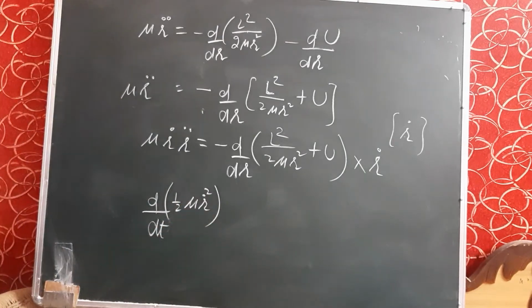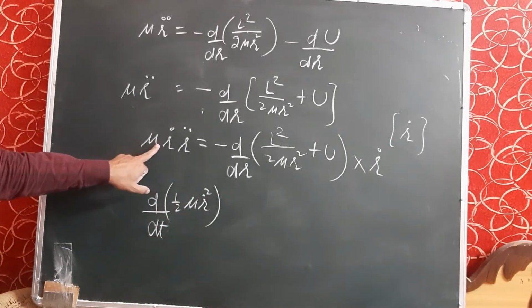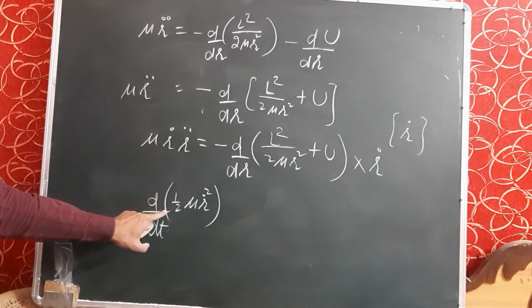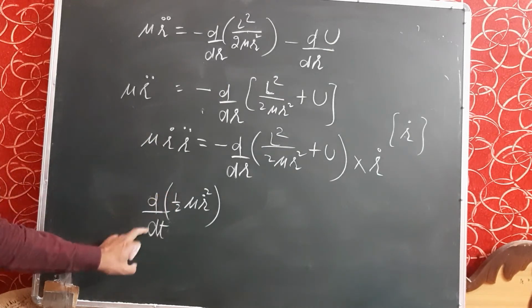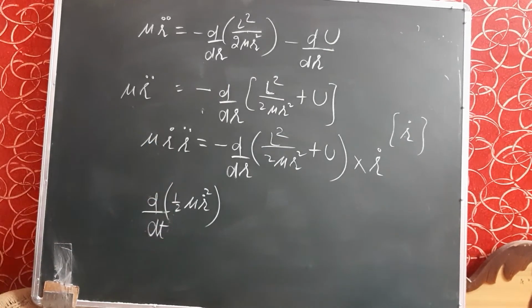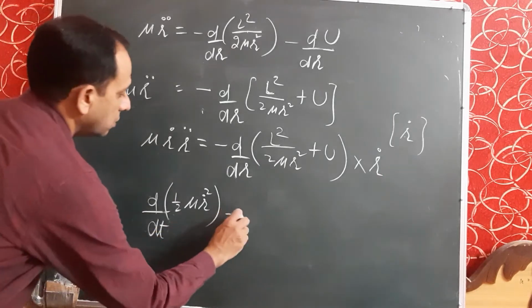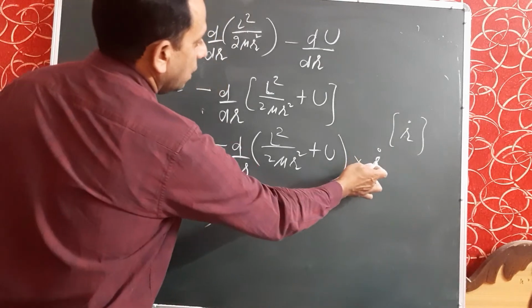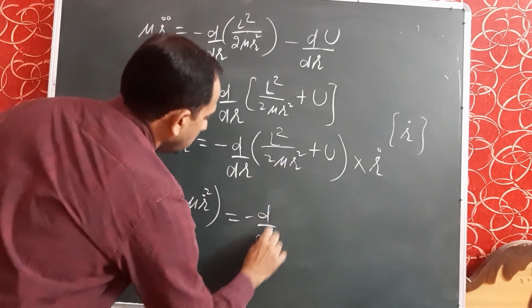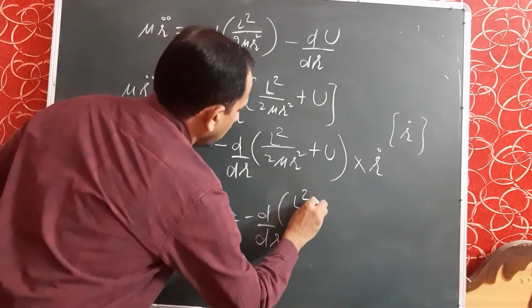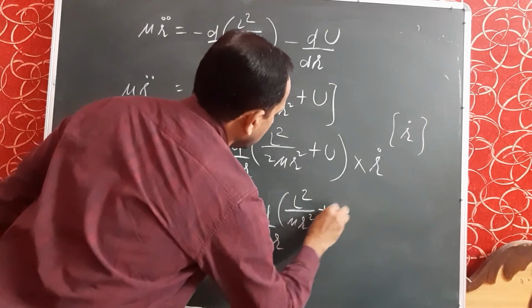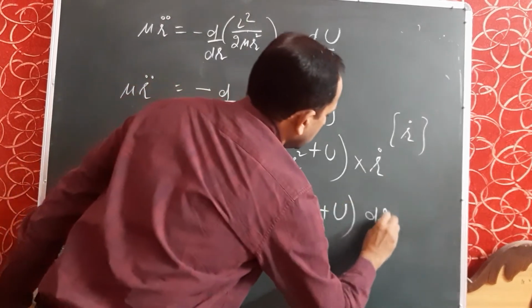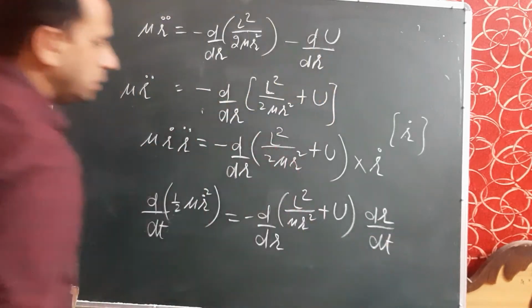If you solve the derivative of this term, then we will get the same answer. On the right hand side, this r dot may be written as dr by dt, so this is d/dr of L square upon 2 mu r square plus u into dr by dt.